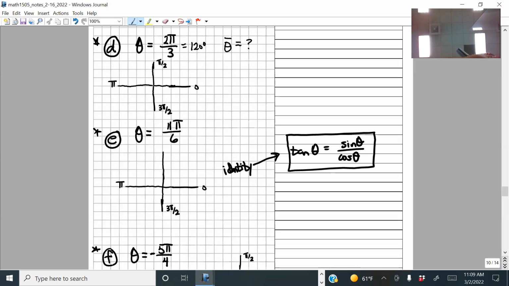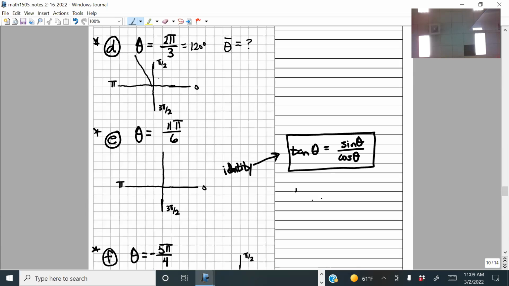So 120 is going to be a little bit past 90, right? It's right there. You can also remember that pi over 3 is 60. So if you do 2 pi over 3, that 60 would be here, and then another pi over 3 is another 60, so that would move you slightly into the second quadrant.